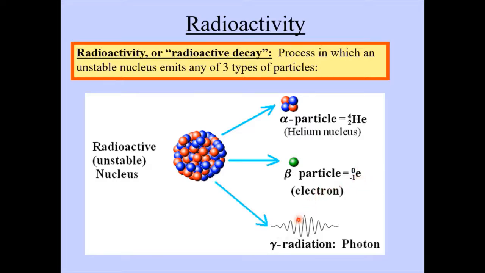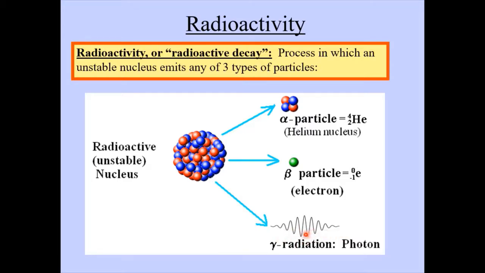Now, the third type of radiation that an unstable nucleus can emit is a gamma ray. This is just a photon, and this is actually light. But gamma radiation is a very special kind of electromagnetic radiation in that these gamma rays have very high energy, whereas visible light photons might have around 1 electron volt, maybe a couple electron volts of energy.